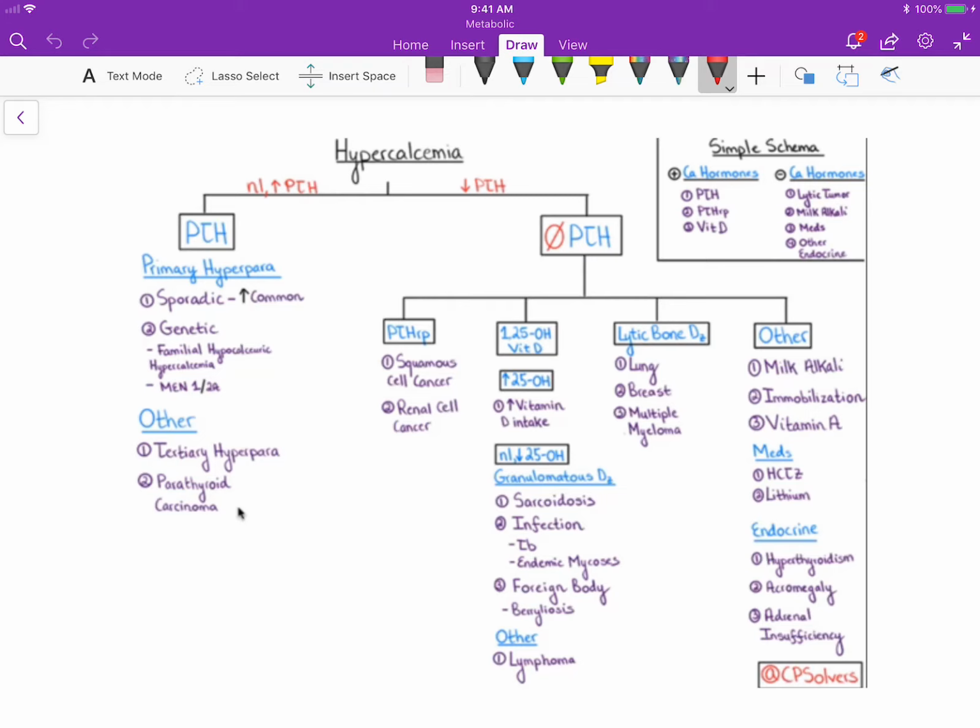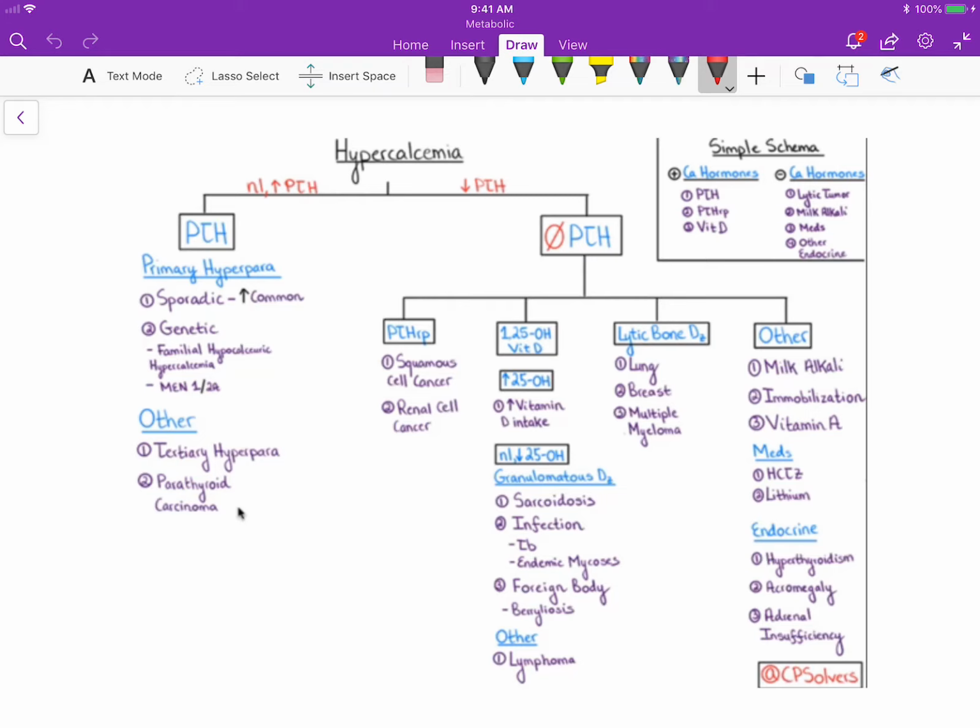Last thing to note is that a patient that comes in with constipation and polyuria, you should be thinking hypercalcemia, because there's not many things, if anything else, that causes these two constellation of symptoms besides elevated blood calcium. Constipation and polyuria, think hypercalcemia.